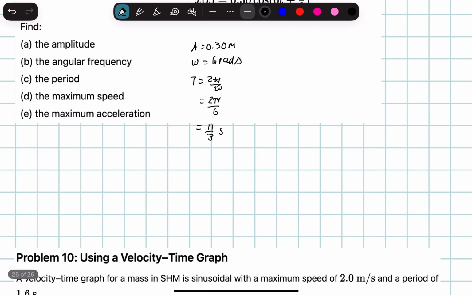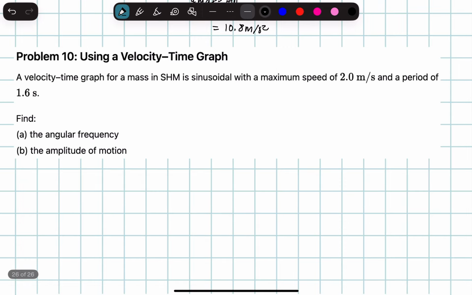The max speed, that's going to be amplitude times omega, which is 0.3 times 6, which is equal to 1.8 meters per second. A max is going to be A times omega squared, which is equal to 0.30 times 36, which is equal to 10.8 meters per second squared.